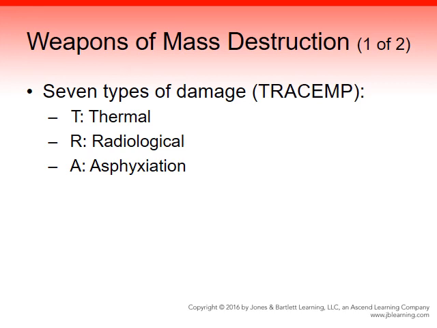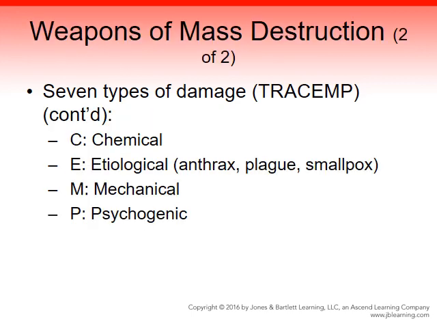T stands for thermal, R radioactive, A asphyxiation, C chemical, E etiological, such as anthrax, plague, and smallpox. M is mechanical, and P is psychogenic.